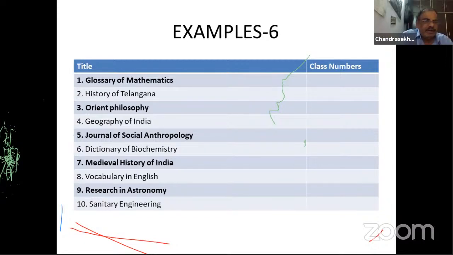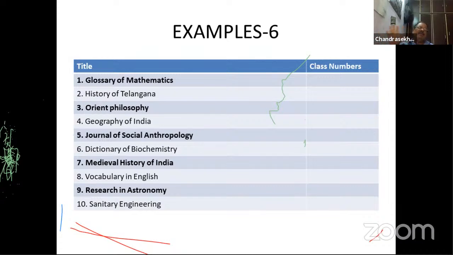Medieval history of India. Ancient history, medieval history, modern history. Here is something you have to remember. Modern history starts from 940 to 999. Ancient history comes under 930. So 930 is ancient history of the world. 934 is ancient history of India.